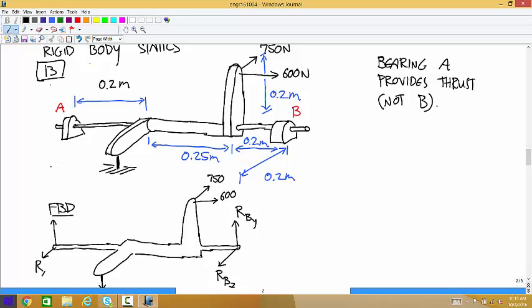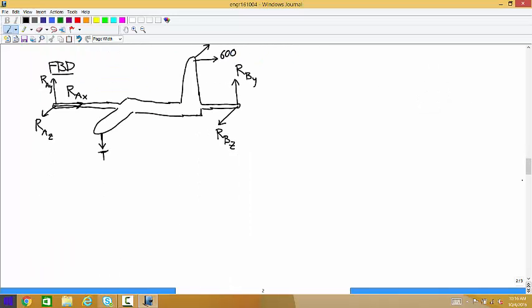So there's an RAZ, an RAY, and this one also provides thrust. So in this case, there's also an RAX. I guess I could have just written this as a vector RA. The thrust can be negative or positive. Yes. Any questions about that free body diagram?